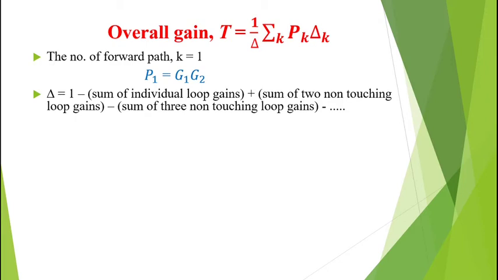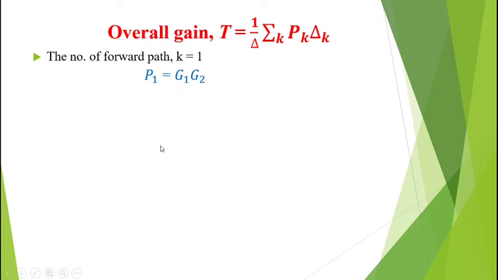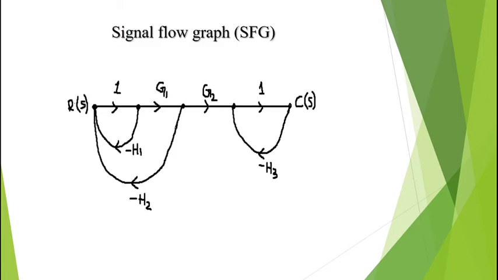By looking at the signal flow graph, we can find the number of loops present. The first loop is this loop, and the loop gain of this loop is 1 into minus H1, that is minus H1. This loop is represented as L1.